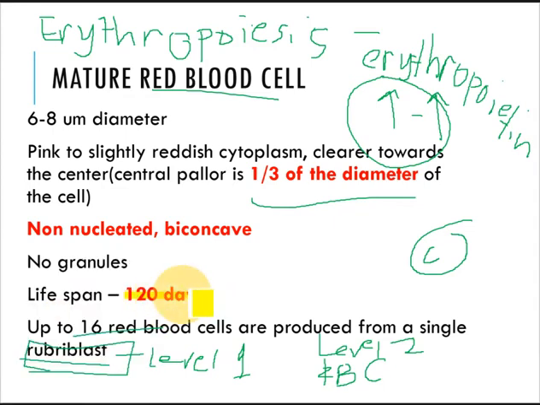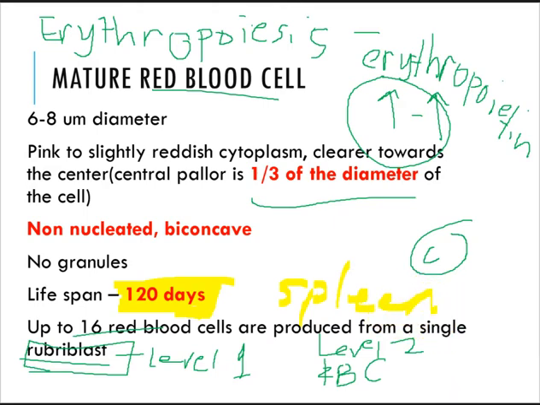Anyway, please take note, guys. Please remember that the lifespan of your RBCs is only 120 days. After 120 days, they die, and then they are usually destroyed or reincarnated in your spleen.